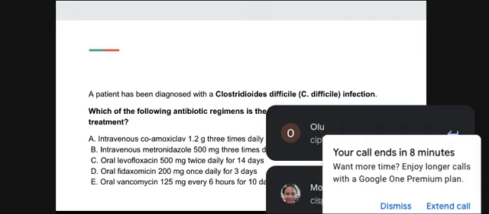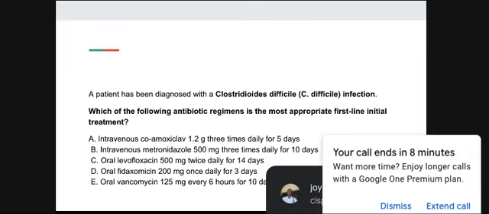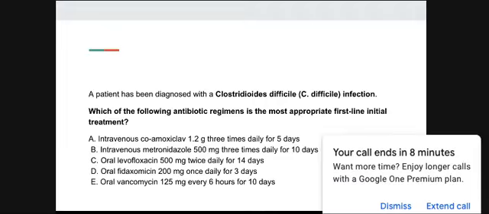Cisplatin. Cisplatin can cause ototoxicity. So we've learned cisplatin, we've learned loop diuretics, we've learned vancomycin, aminoglycosides. We've learned the four C's of C. difficile: clindamycin, cephalosporins, coamoxiclav, and ciprofloxacin.